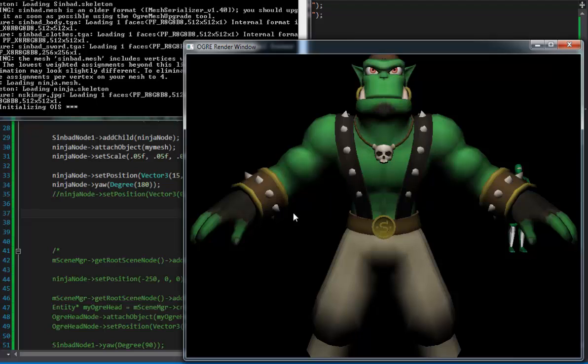The camera is fixed because I'm using the base application example, and I'm just overriding the create scene, in which I can set things up, but I can't do anything to the camera. So I can't move the camera about. What I want is to create a scene in which I'm looking at the top of the Ninja's head and Sinbad's head. Since I can't move the camera, I would have to move the Sinbad and the Ninja.